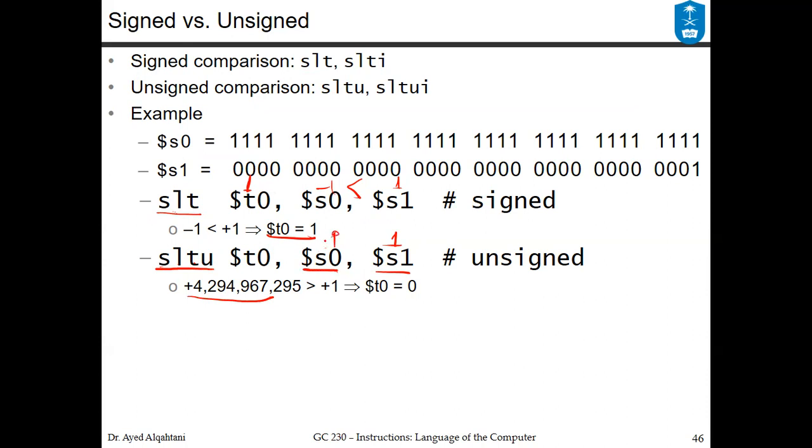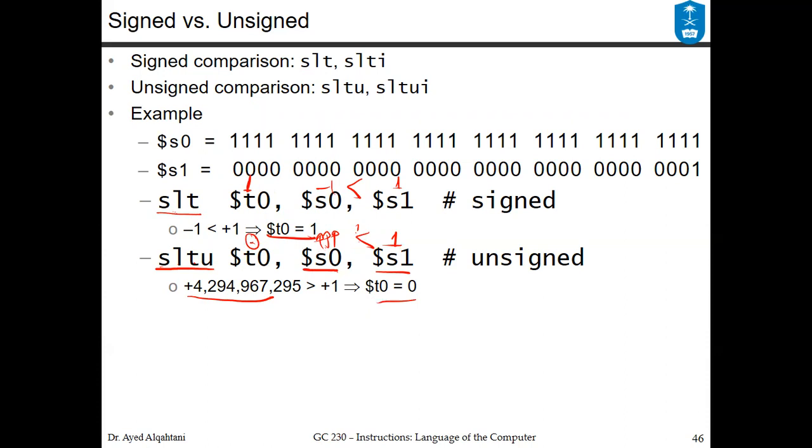So that's a very huge number. And you are testing if this is less than 1, and of course this is not the case, so it's not true, and T0 will equal 0.